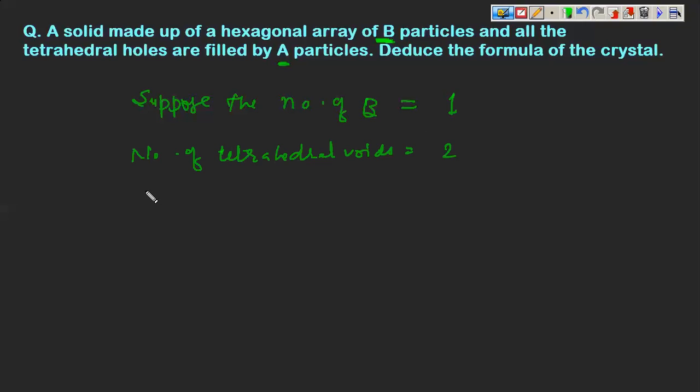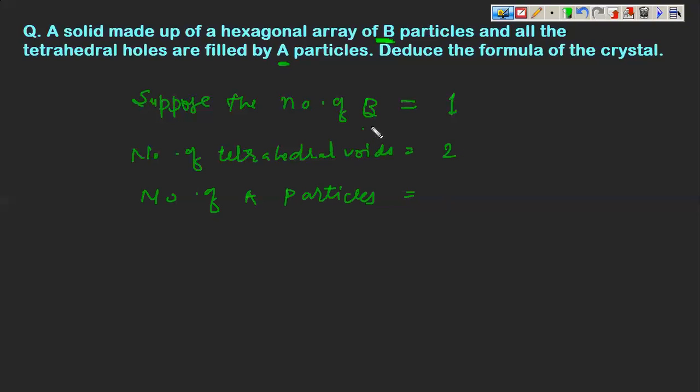In this way, look at the question: what will be the number of B particles? We have already assumed B as 1.